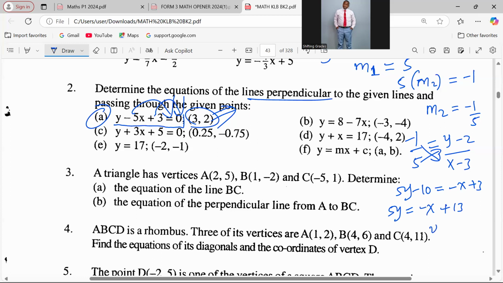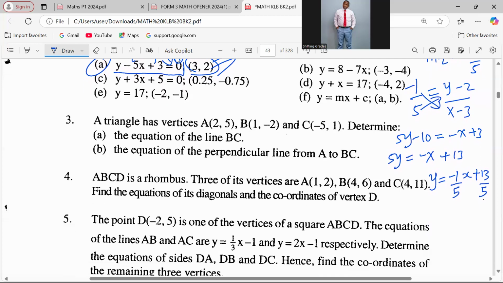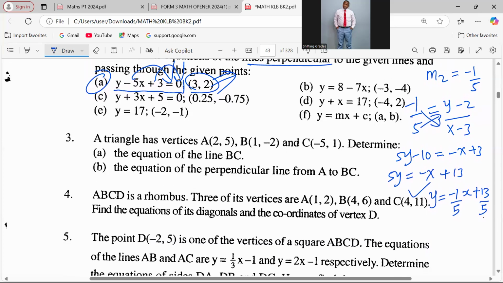So y equals -1/5 x plus 13 out of 5. Plus 13 out of 5. So in this particular case, we have gotten our equation.